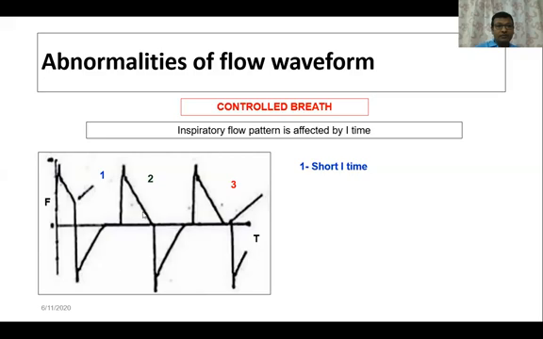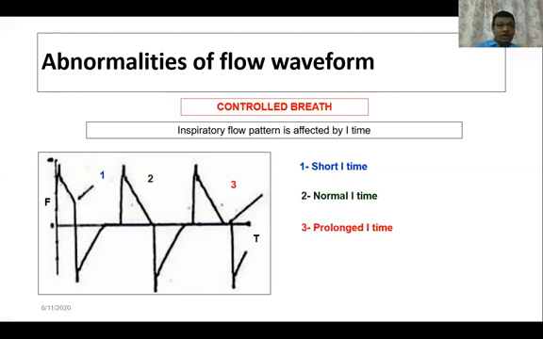The flow waveform reaches the baseline and from there the expiration has started. So this is a normal I time. Whereas in the third waveform, the flow has reached the baseline before the preset I time and there is an inspiratory pause. So in a controlled breath, this is prolonged I time.